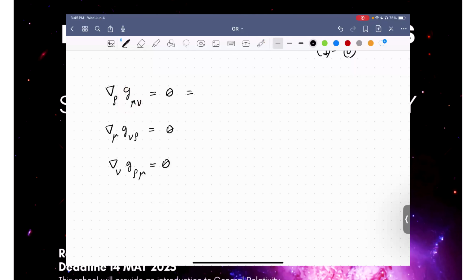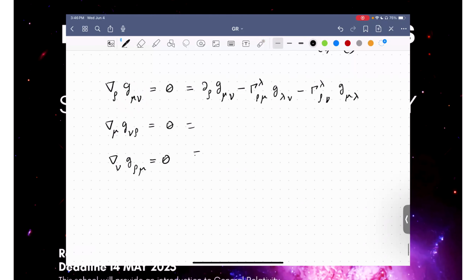So, for example, in this case, you're going to have something like this. And similarly, you can write down formulas for this one and this one.